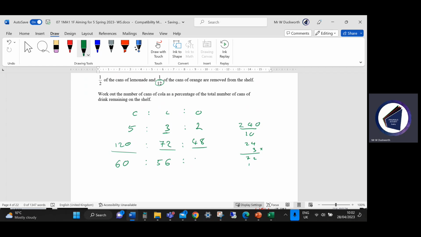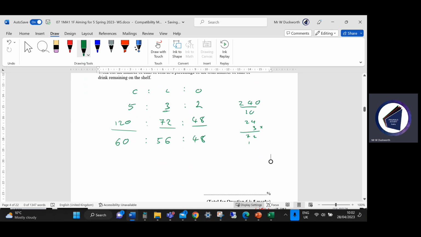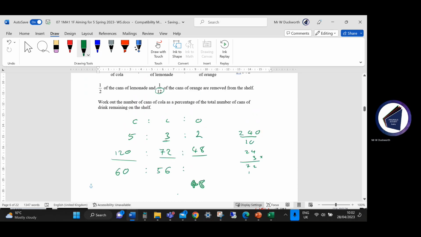And orange remains the same. Look at the number of cans of cola as a percentage of the total number of cans remaining on the shelf.